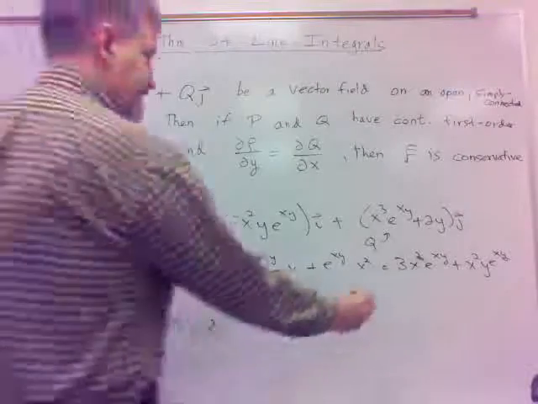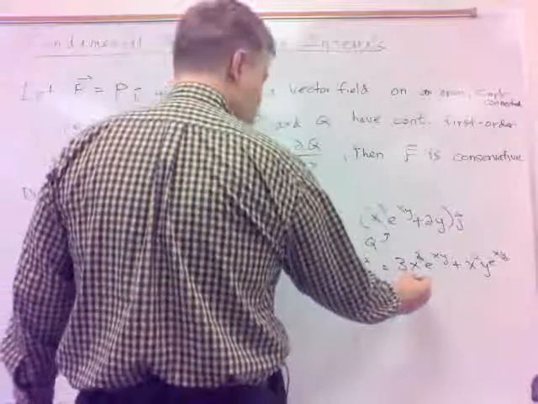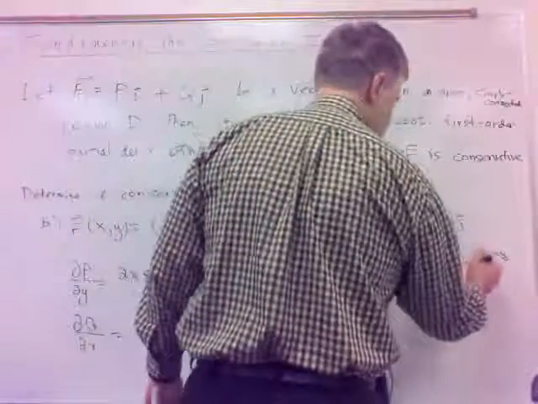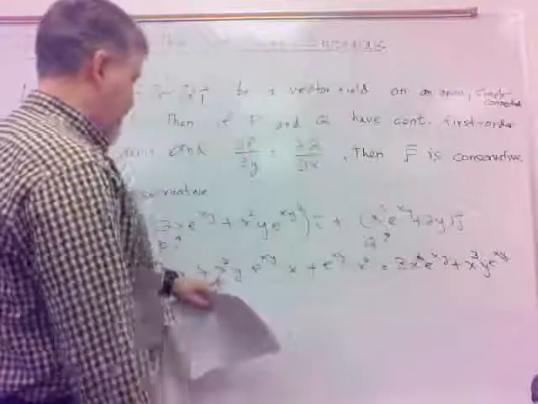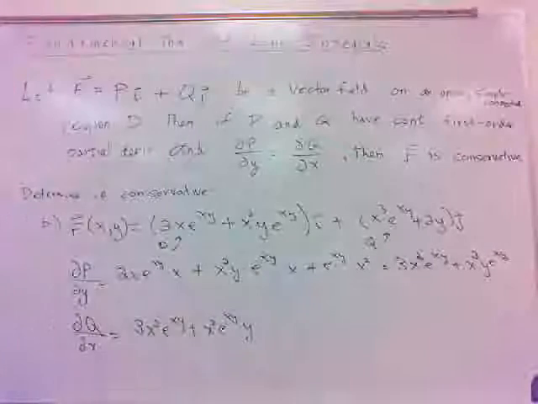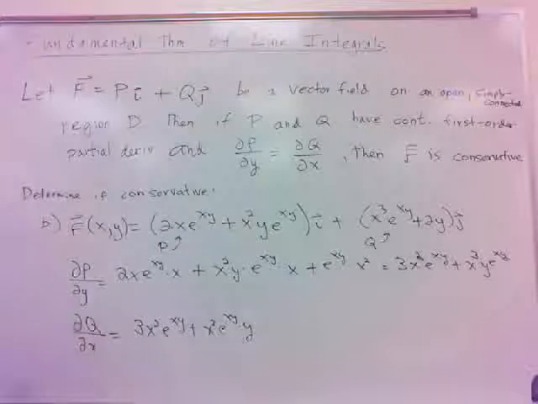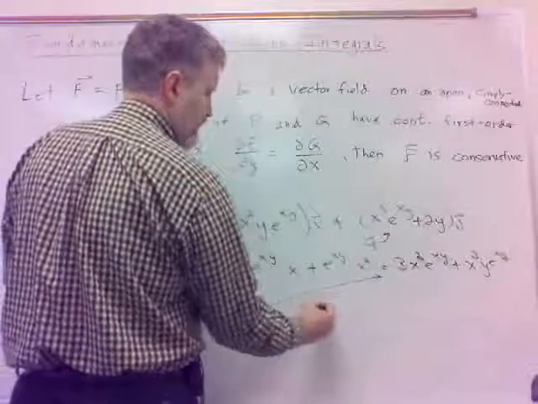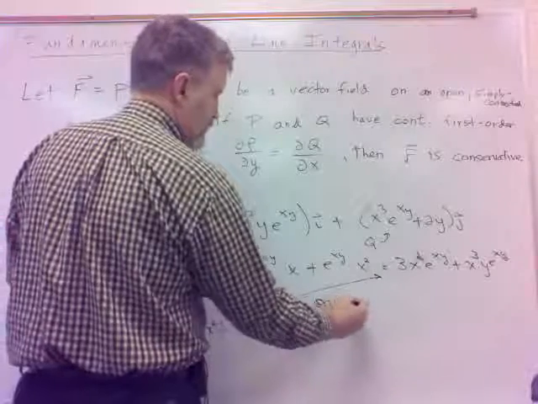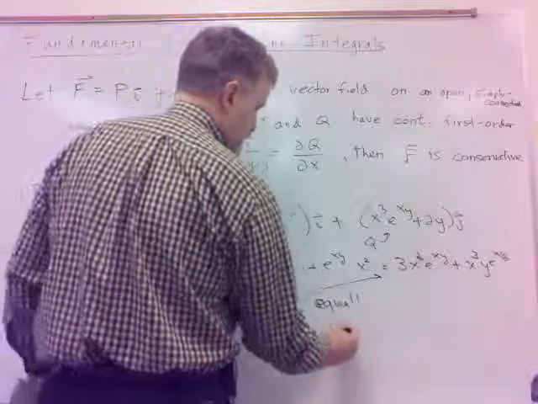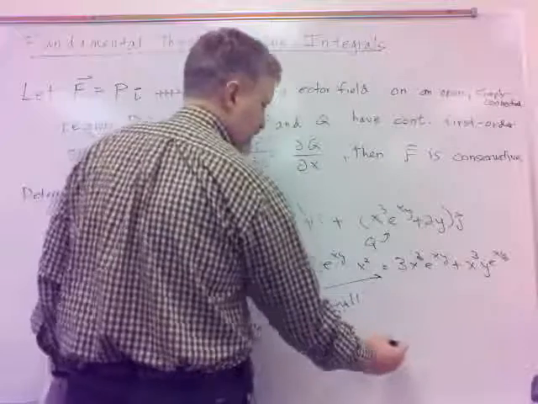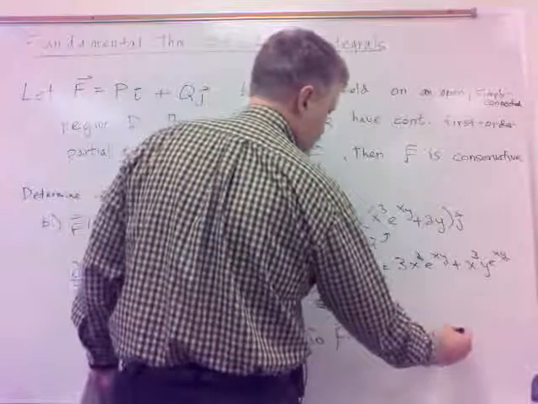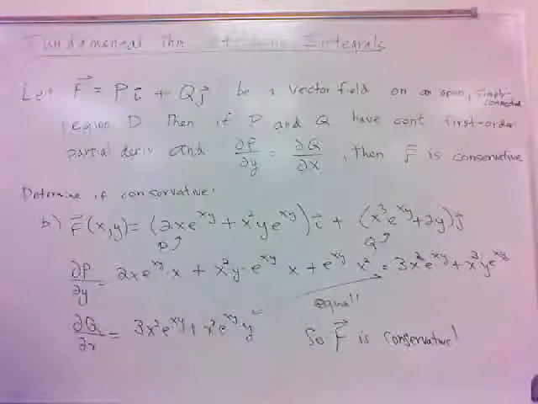Look at that: 3x squared e to the xy, and the other term is x cubed y e to the xy. We got x squared times x there, so it's x cubed y e to the xy. So those two are equal. Exactly the same. So that tells me it is a conservative vector field. All right.